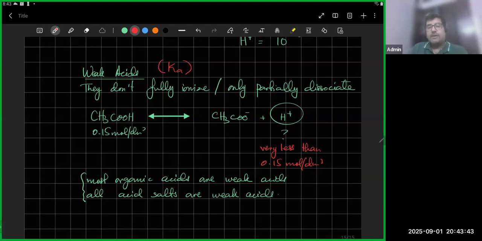We did Kw earlier, which was the water dissociation constant. Now we're going to do Ka, which is the weak acid dissociation constant. That will help us figure out the amount of H plus concentration that is going to be produced when a weak acid dissociates. So we'll discuss that tomorrow.